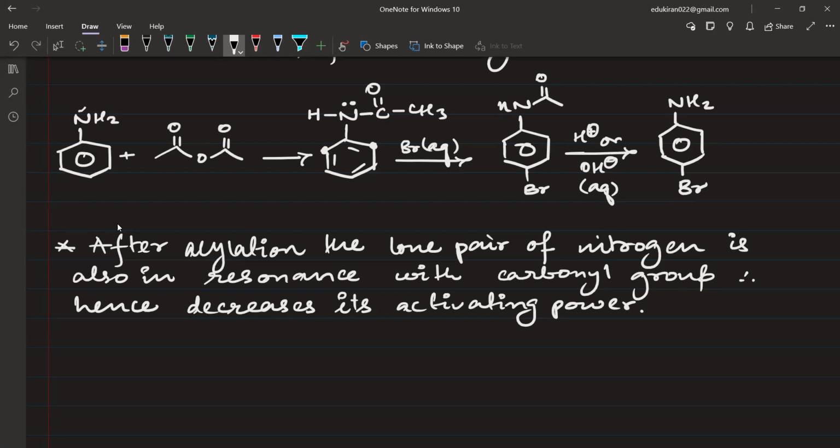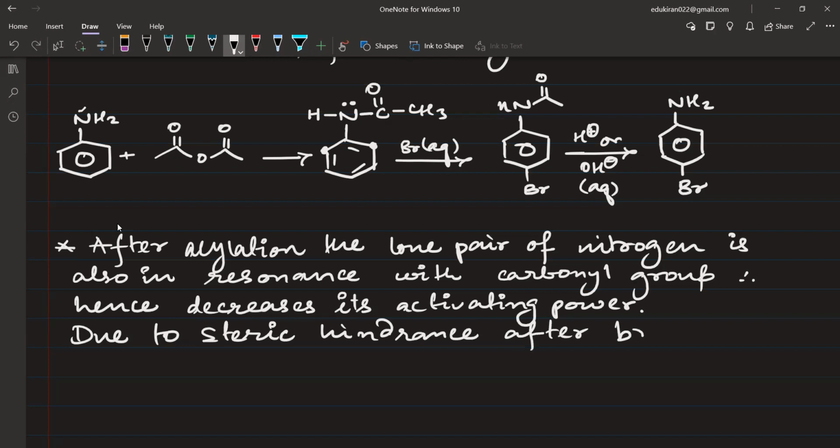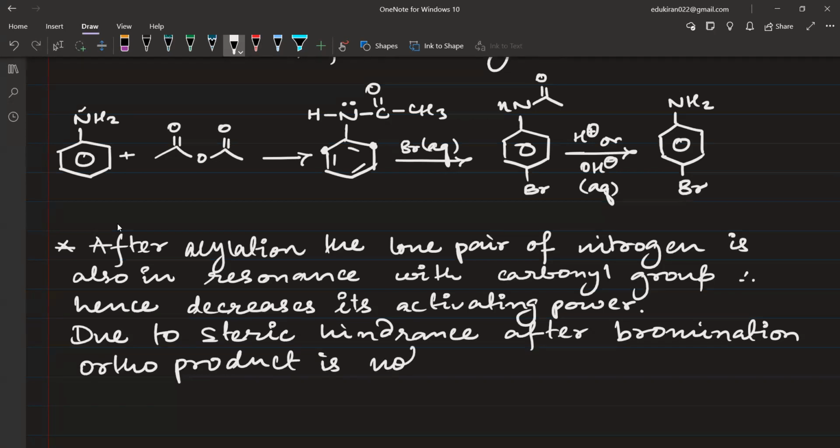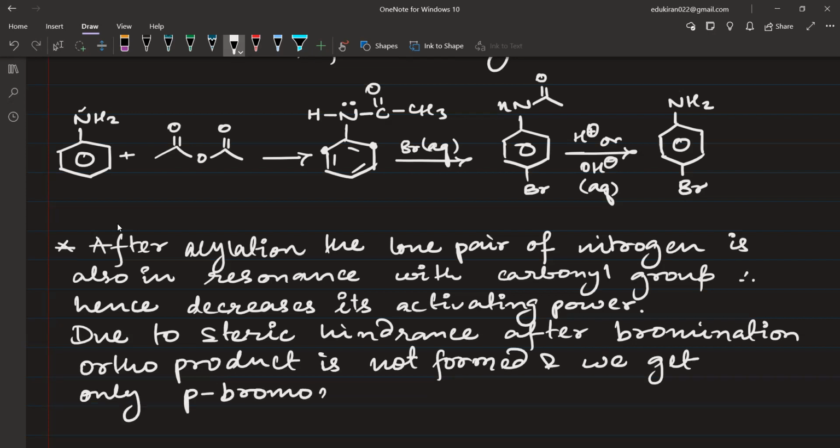Decreases its activating power, right, and due to steric hindrance after bromination, ortho product is not formed. And we get only p-bromoaniline.